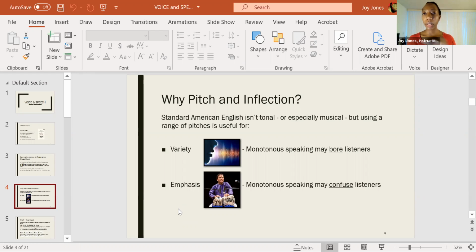Monotonous speaking, that is speaking on more or less one tone or pitch, may bore our listeners, but also because we use pitch and inflection for meaning or for emphasis, monotonous speaking may often confuse listeners.